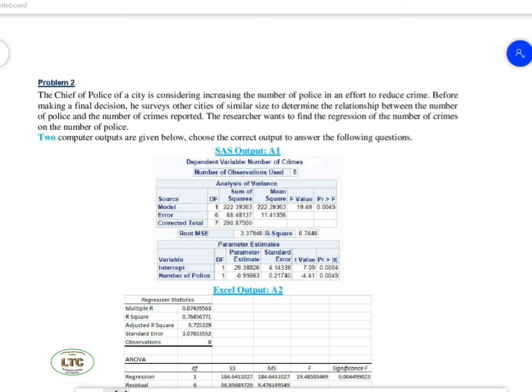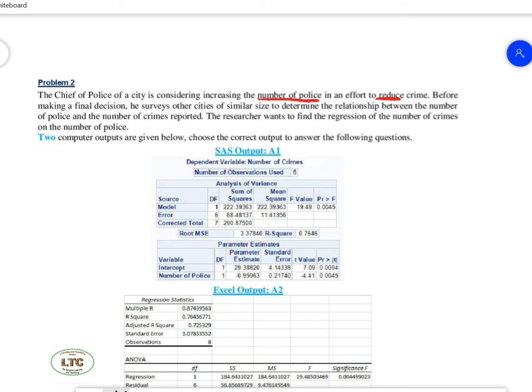Problem 2. The chief of police of a city is considering increasing the number of police in an effort to reduce crime. So the meaning is, in his idea, if the number of police increases, crime will decrease. This type of relationship is called inverse relationship.